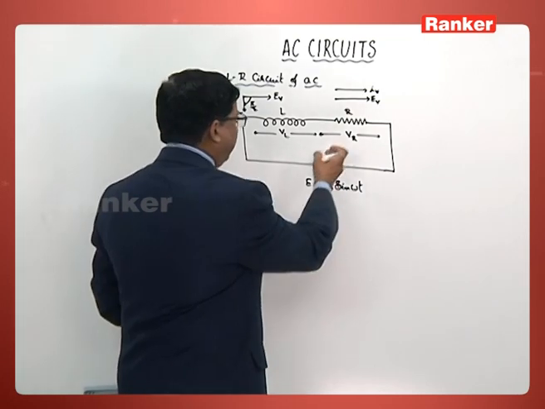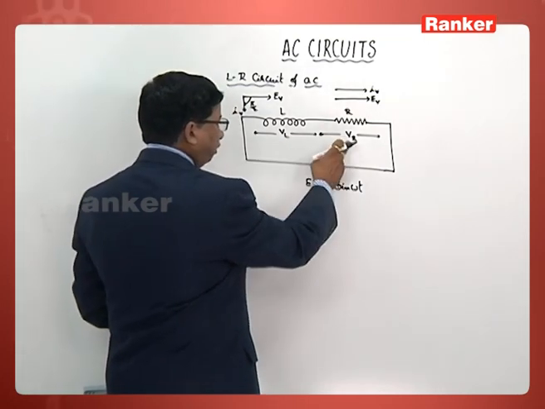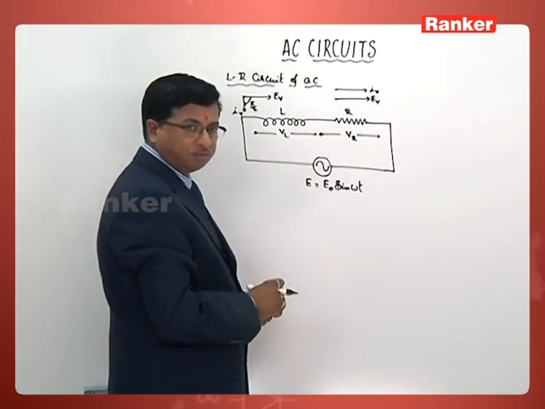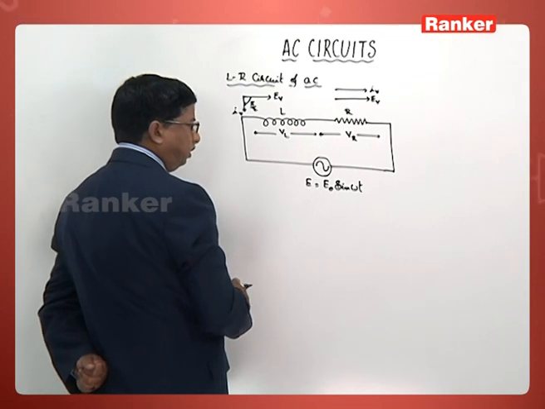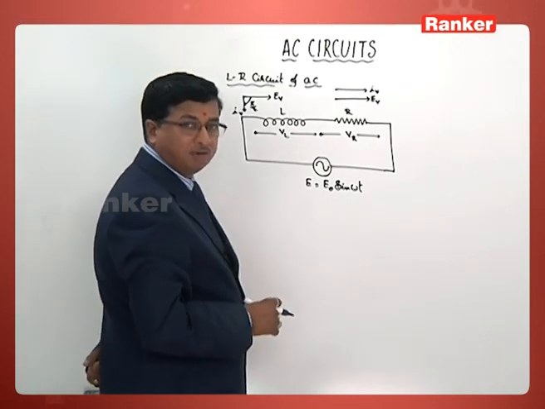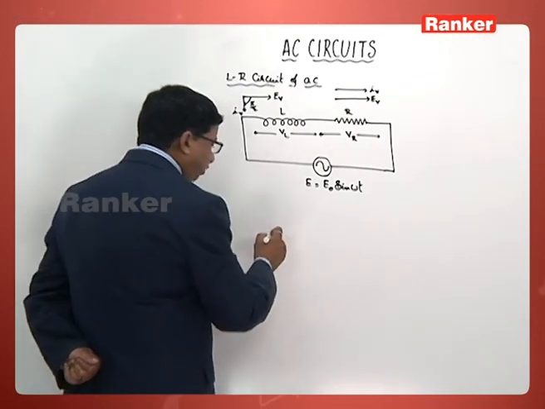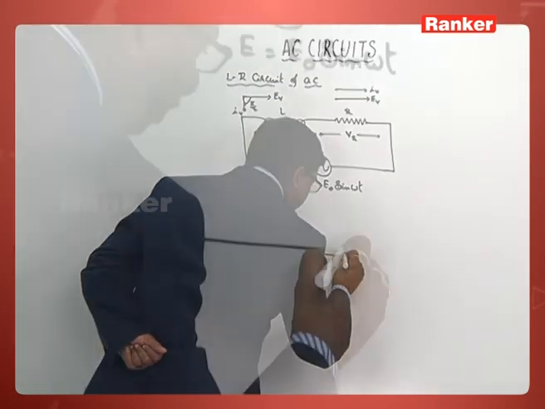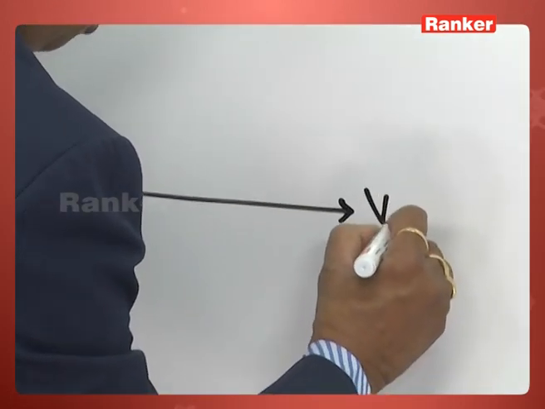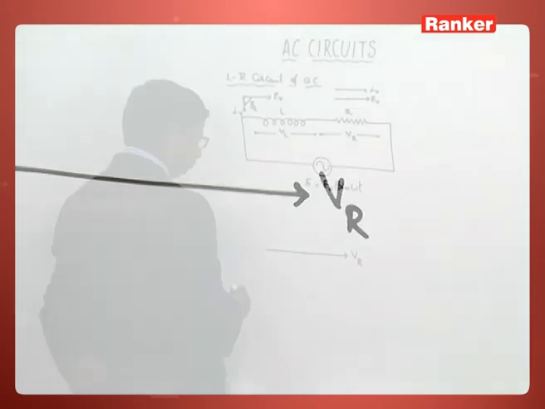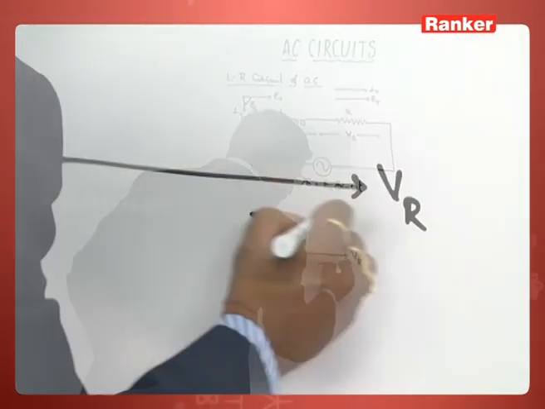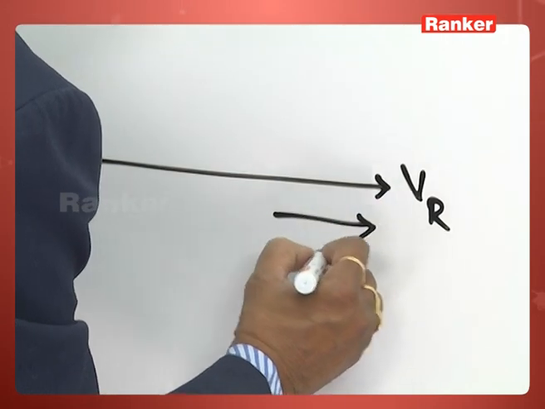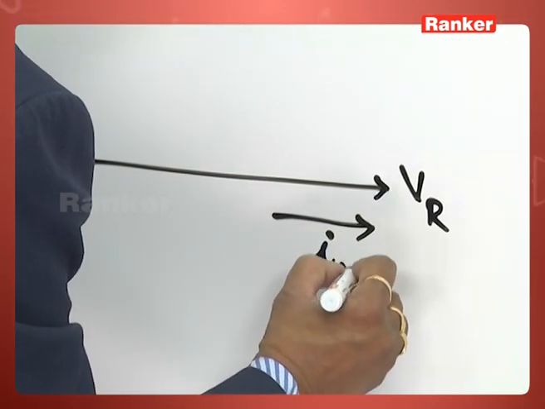Then what can I write as the relation between these two voltages? When I plot the phasor diagram for this, you will find this as the value of VR. Along the same direction of VR, you will find the virtual value of current also.